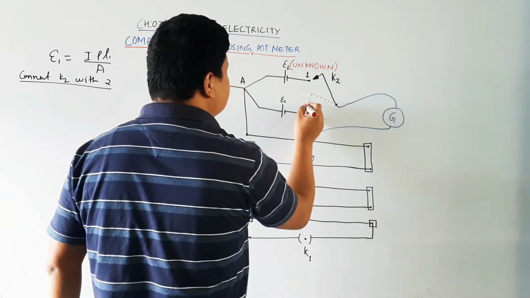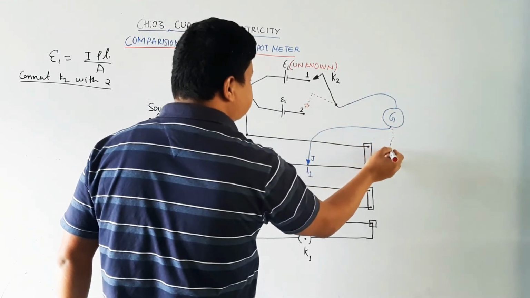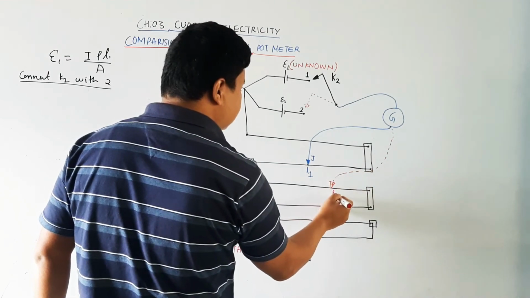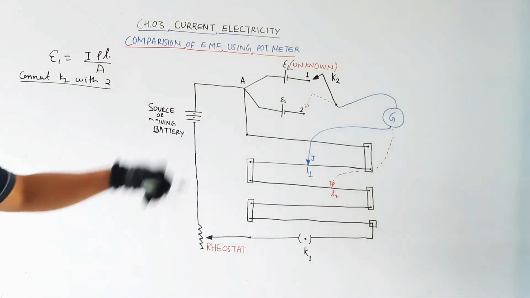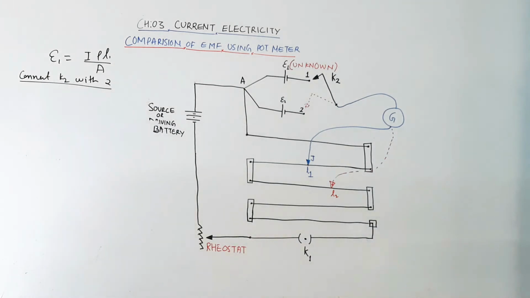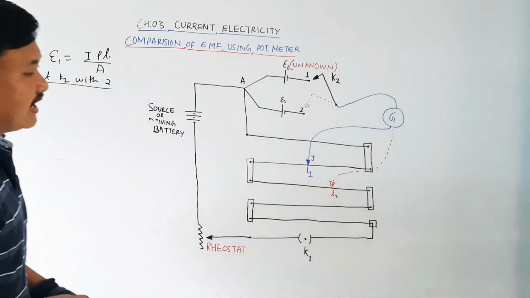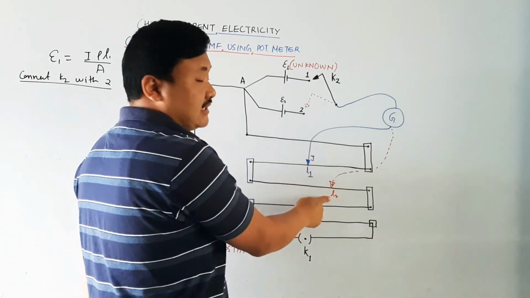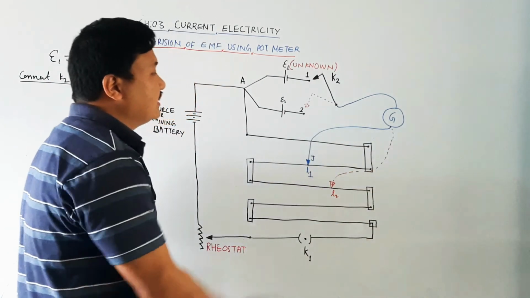Now let the balance point be found here, L2, when it is connected with E2. Whenever I connect it with E2, at L2 I find no current in E2.